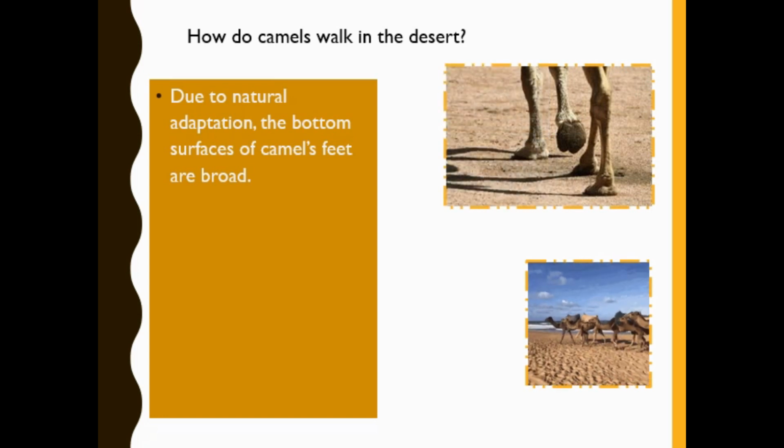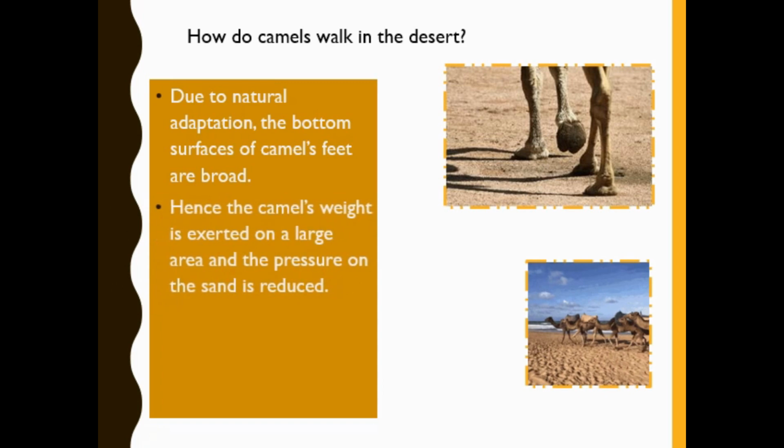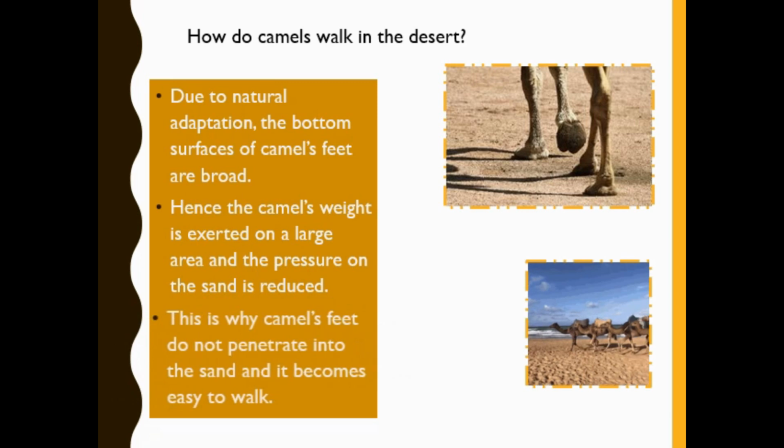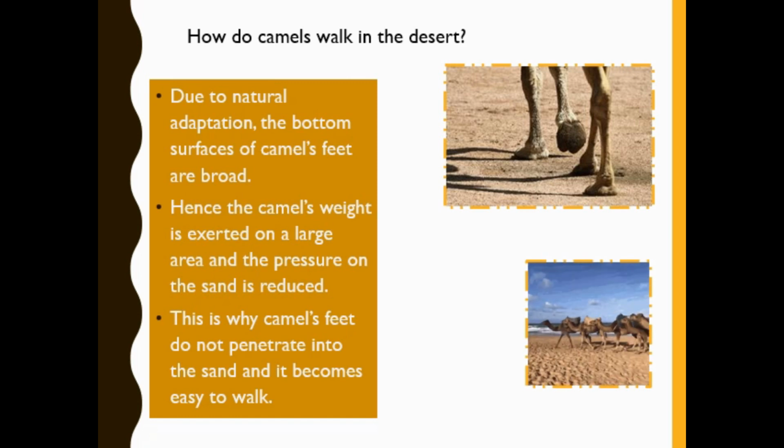Hence, the camel's weight is exerted on a large area. The surface area is very large and the pressure on the sand is reduced. This is why the camel's feet do not penetrate into the sand and it becomes easy to walk.